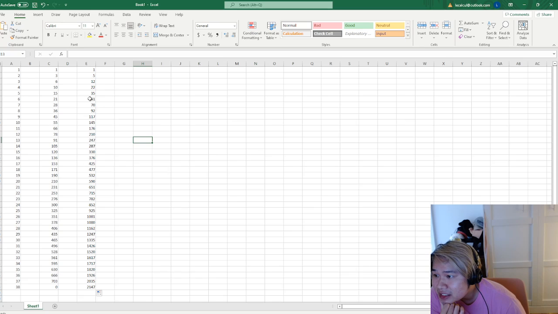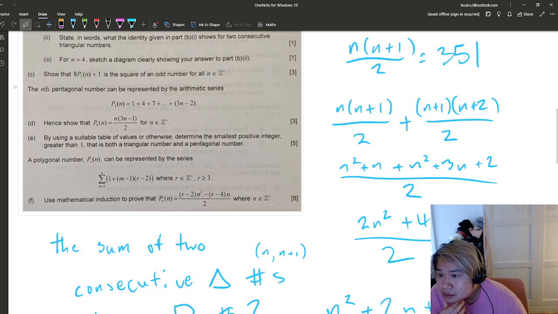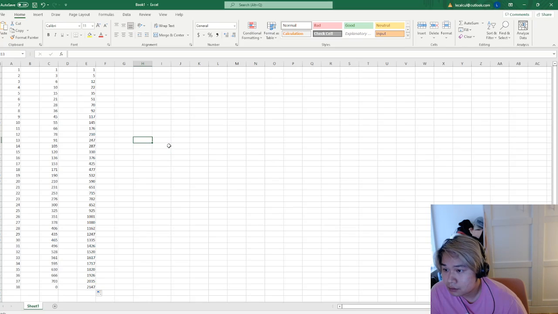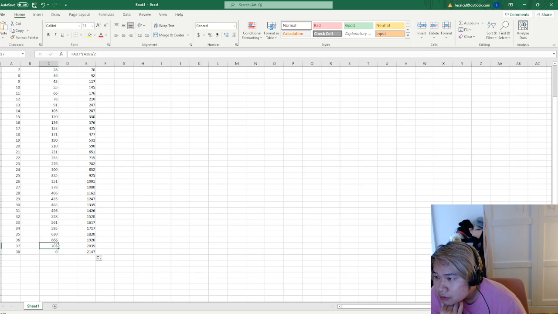So I'm just checking each table and seeing which triangular number is here. This is stupid. Why would they ask you to do it this way? Am I just blind?